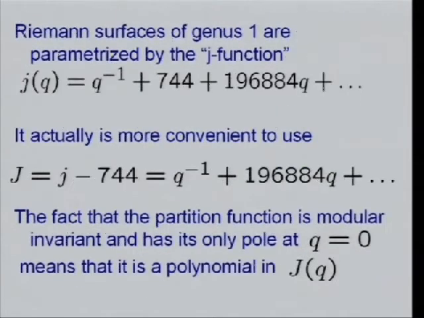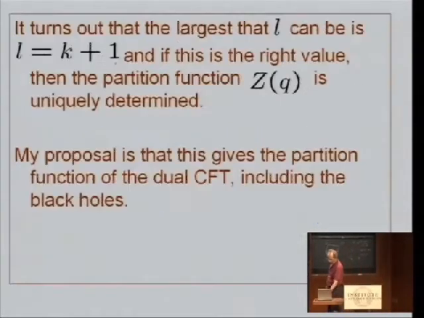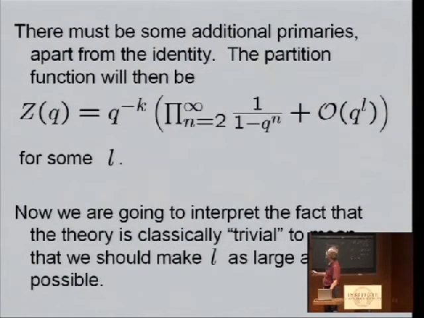So modular invariance means that the partition function is a function of J. We could say it's a modular invariant function of tau, but it's much easier to say it's a function of J. Now, the partition function actually has a pole at q equals 0 because the ground state has negative energy. Even our approximate partition function had a pole at q equals 0.